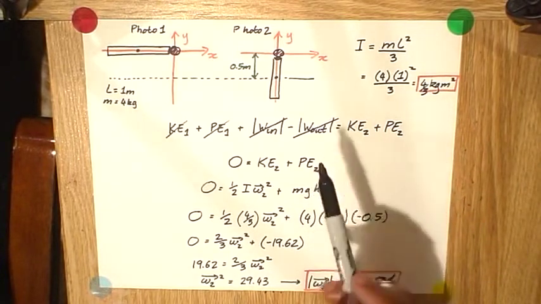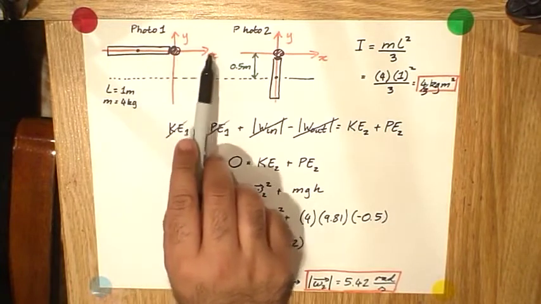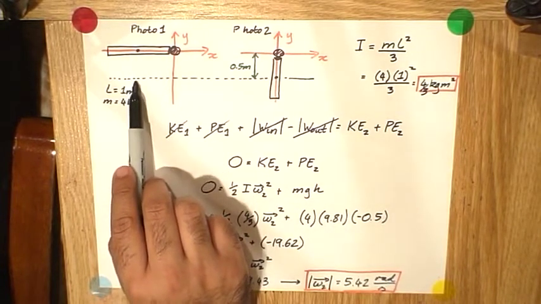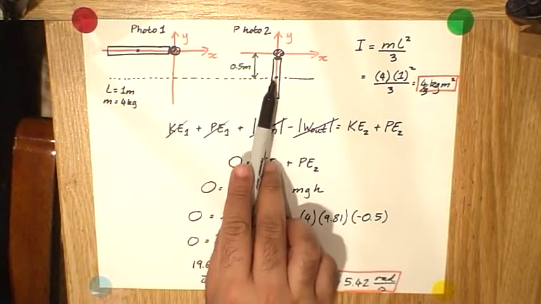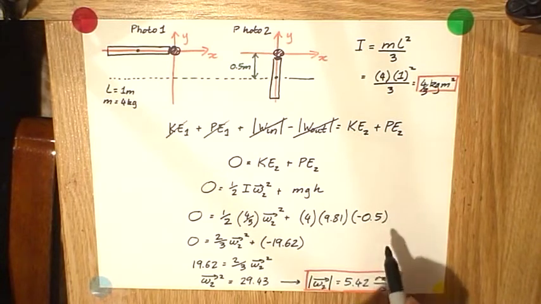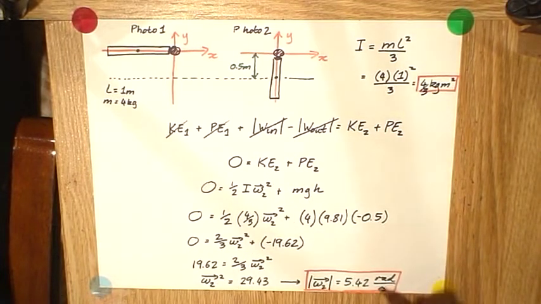The potential energy, again, because we set the horizontal axis to be at the original position, this has fallen by 0.5 meters, so I had to set the final height as being -0.5. It's below the x-axis. That is allowed for gravitational potential energy. But really, the rest of it was just math, and we were able to solve for the size of the spin rate directly using conservation of energy.